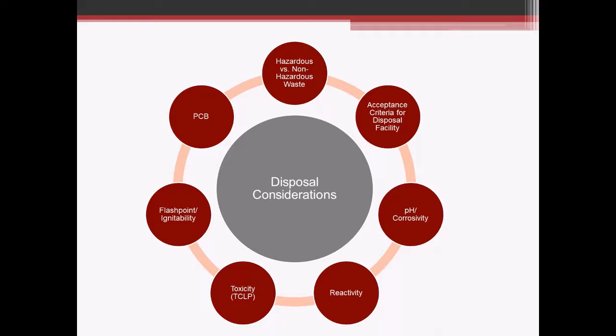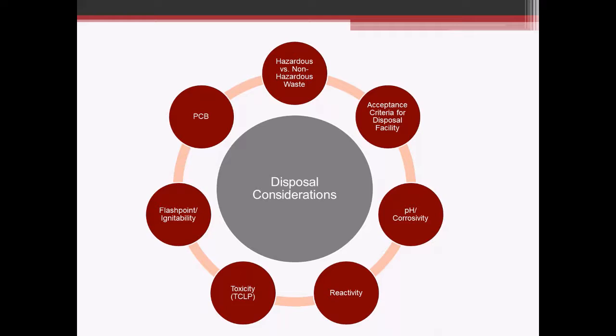PCB waste, we'll talk a little more about that later, but the other items you see here are mainly your hazardous waste criteria. If a waste is ignitable, if it ignites below a certain temperature, it has to go out as hazardous waste.